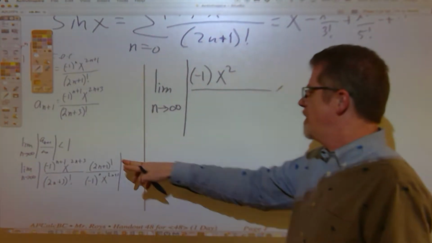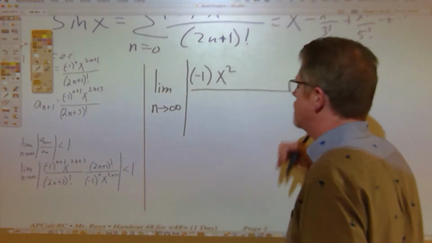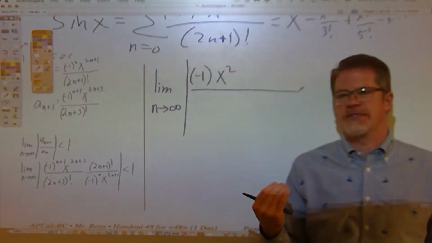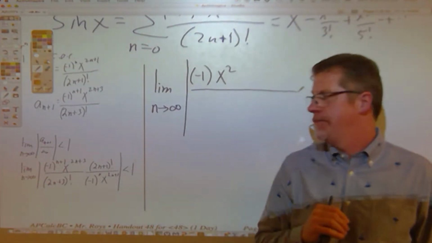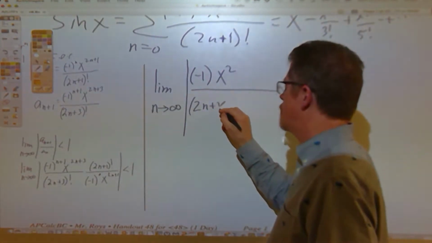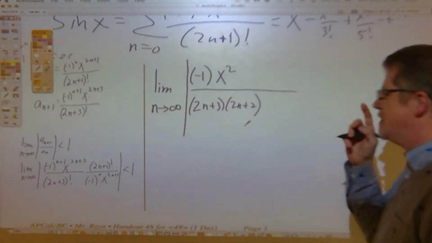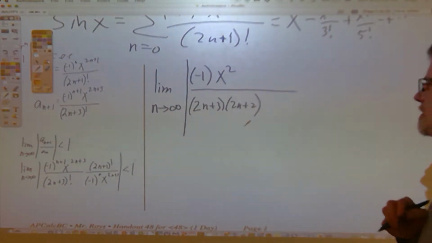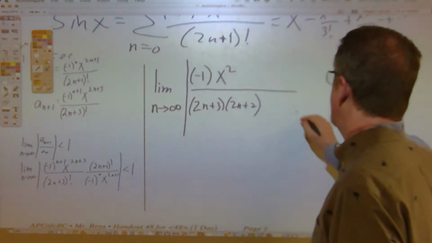The 2n plus 1 factorial over 2n plus 3 factorial, when those cancel, what survives the cancellation process? Yeah, we got a couple of binomials, 2n plus 3 and 2n plus 2 survive in the denominator, and I think that's it. I think everything else cancels out.